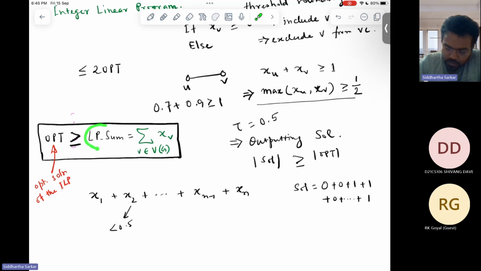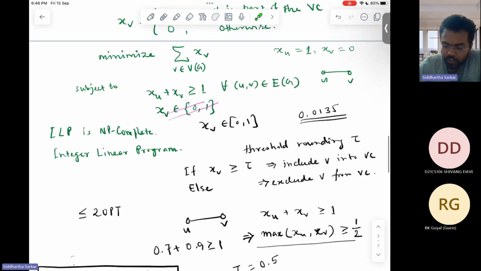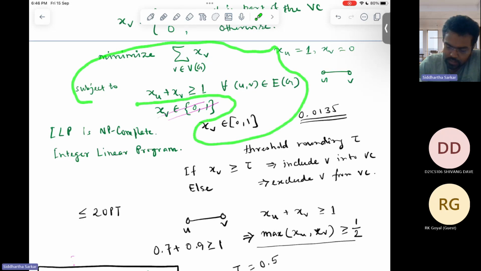No, no, the LP sum is strictly smaller than OPT, but the LP sum is only the minimum fractional value corresponding to this relaxed LP. So this is a relaxed linear program, and this is not representing exactly the minimum vertex cover problem.